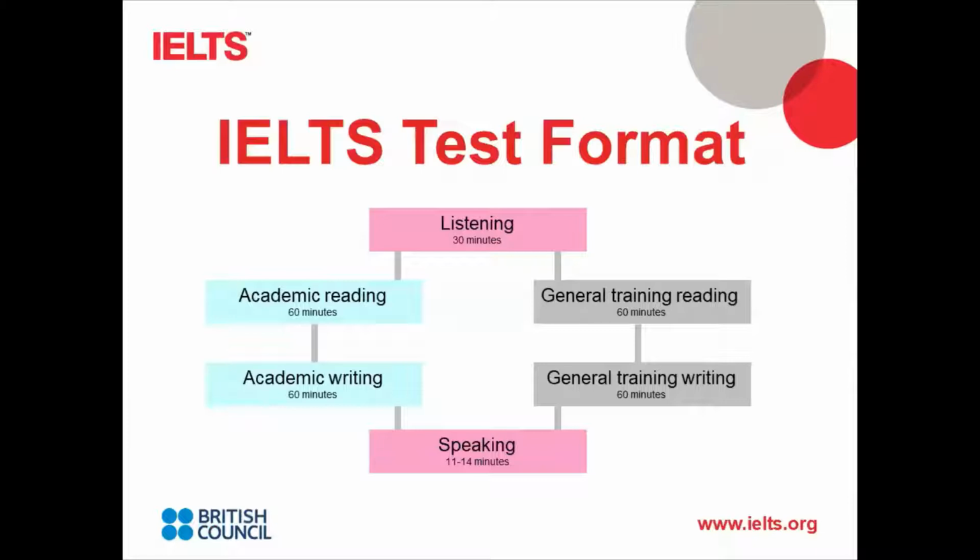When compared to academic writing, in general writing, you will get letter writing for task 1. But task 2 is the same for academic as well as general training writing. That is, you will get an essay. Both of them are the same. So you will have a difference only in task 1. As I said, listening and speaking will be the same for general as well as for academic.